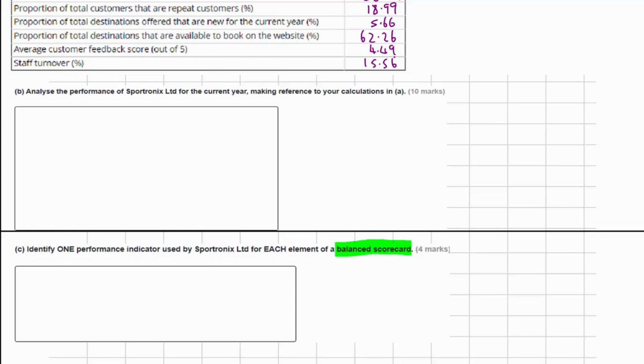Now, what's the idea of it being a balanced scorecard? Because historically, the main issue with performance for companies was looking at their profit. So if they had high profits, they're doing well, and low profits, not doing very well. But the idea behind this balanced scorecard is that profit is not the only way to measure the performance of a business.